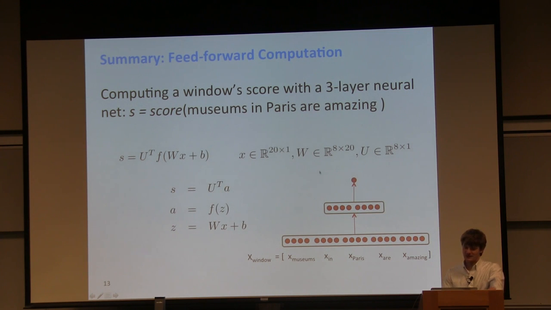If we have 8 hidden units, then W has to be an 8 by 20 matrix, and then U has to be an 8-dimensional vector again. Sometimes I like to write out the score function also as one entire function, which will help you sometimes to think about the chain rule a little better. But we can also define intermediate terms, because that will enable you also to know exactly which parts of the chain rule to define properly.